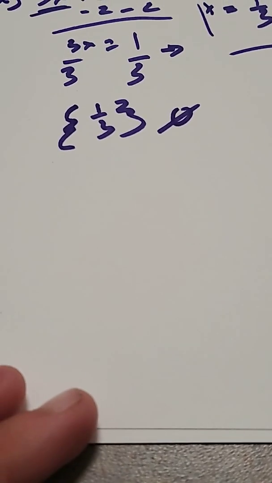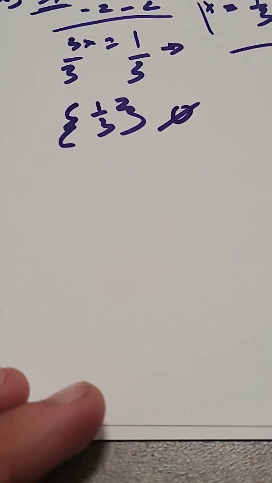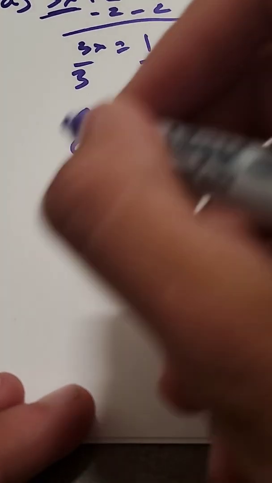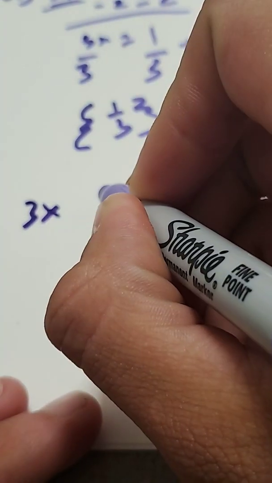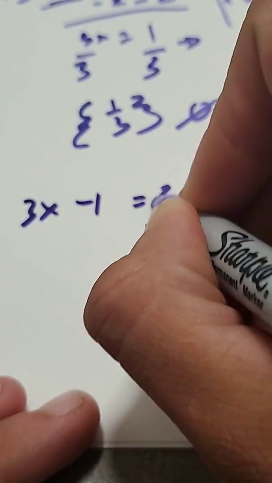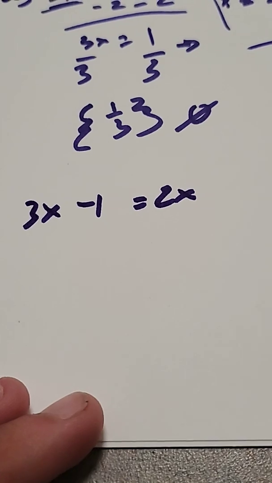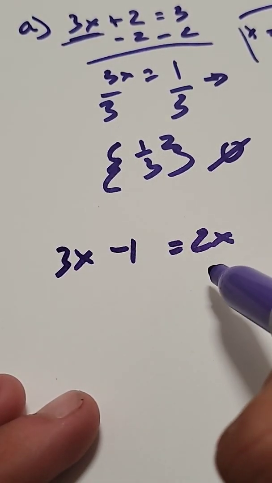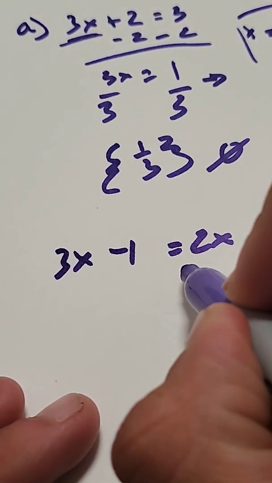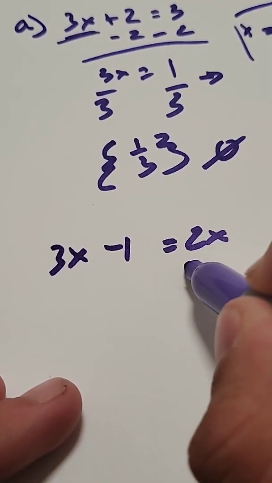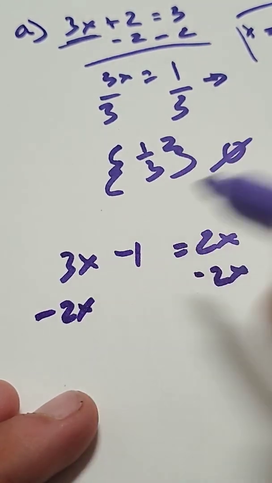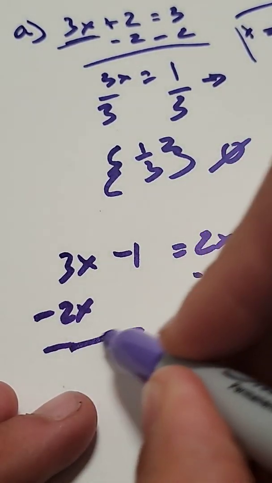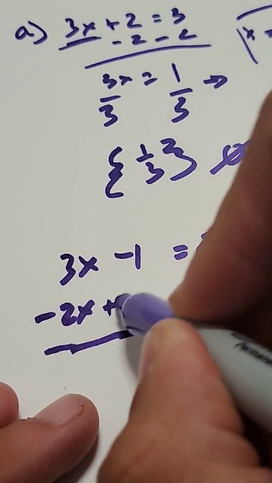Okay, so now let's do another example. What if we have 3x minus 1 is equal to 2x? Okay, so we want to get all the x's by themselves. So we're going to move 2x to the other side. We do that by subtracting 2x from both sides, because of one of the laws of algebra: what you do to one side, you do to the other.